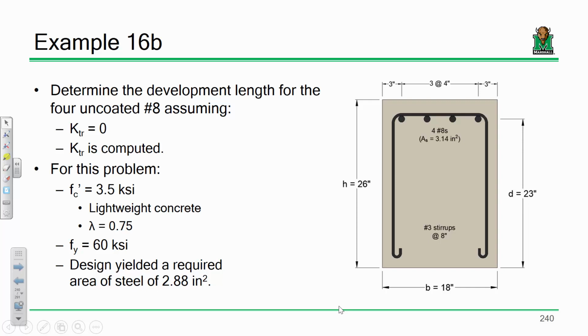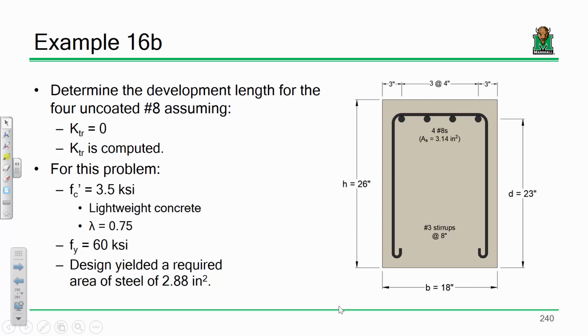So what we've got here is some information on the design. If you recall, we talked about how if you're in design mode, you know how you do the math: you've got your Mu, you determine Mn required, you calculate your required rho, rho b d, to get a required area of steel, right?